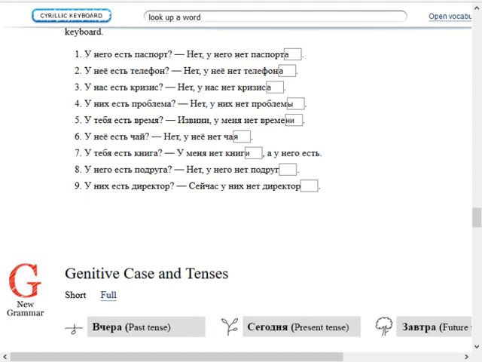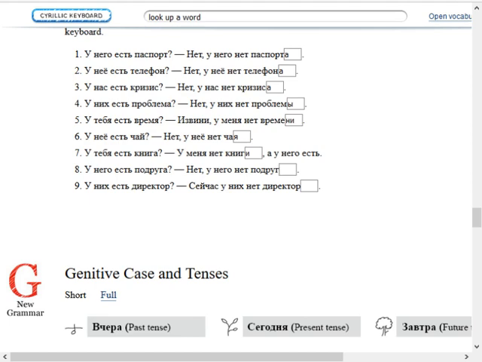Kniga is the normal nominative singular of book, and then knigi is the genitive singular, so okay. I guess it's just because this is the genitive form. But how are you supposed to know that? Do you just need to look at it in the dictionary, or is there some rule for that? I don't know what the rule for it is. I can only say that's what it is. So sorry, I can't be more specific than that.